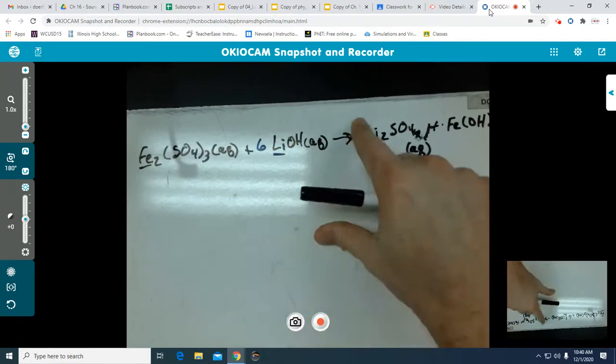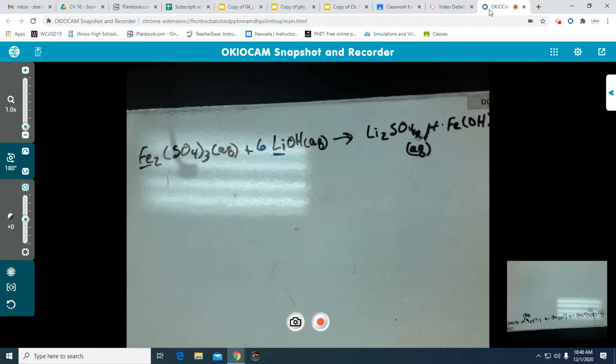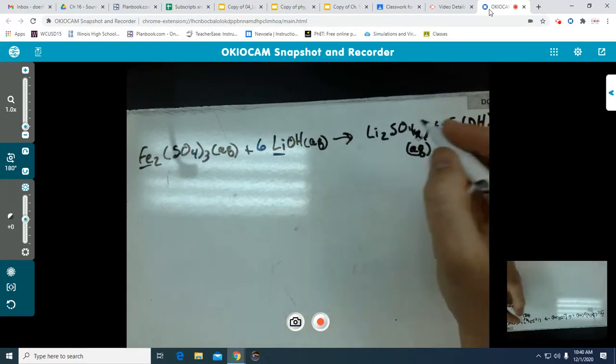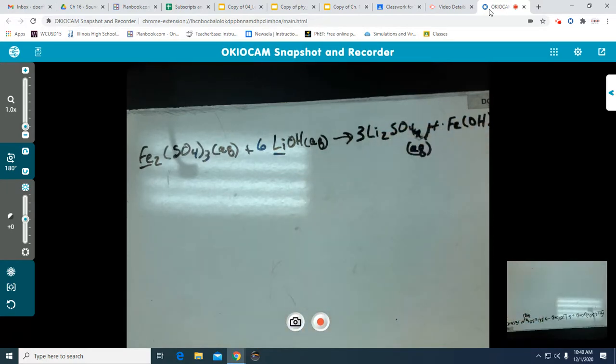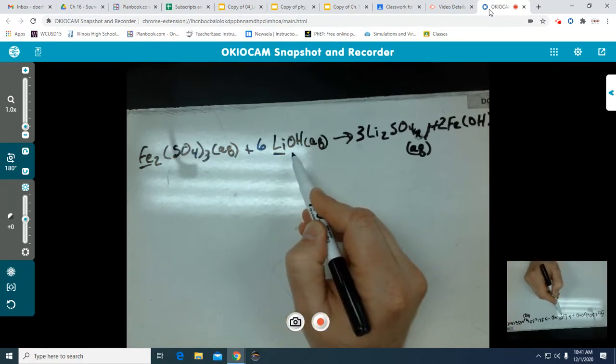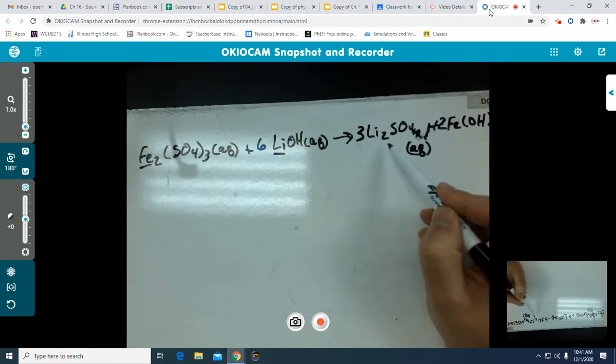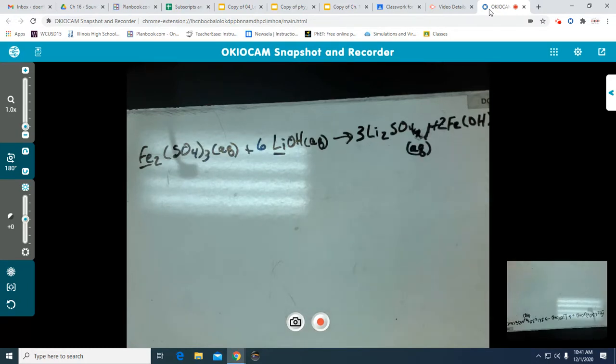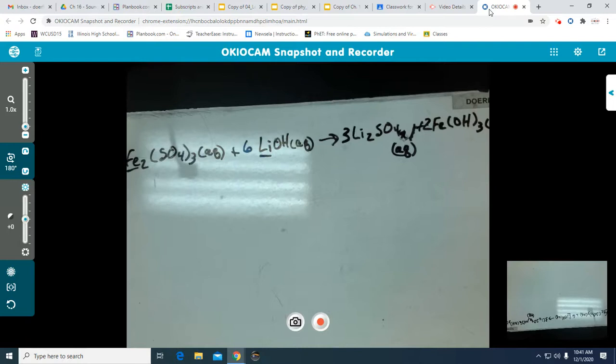I'm sorry, I had that backwards. I was looking at the wrong one. My bad. A coefficient of 3 in front of the lithium sulfate, and a coefficient of 2 in front of the iron 3 hydroxide. So a 6 in front of the lithium hydroxide on the reactant side, a 3 in front of the lithium sulfate, and a 2 in front of the iron 3 hydroxide, which is our precipitate.